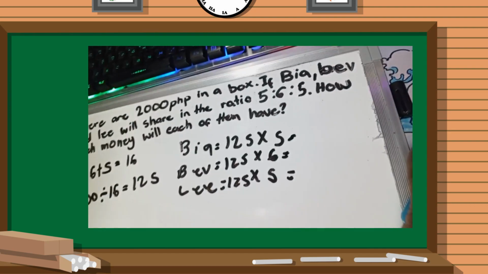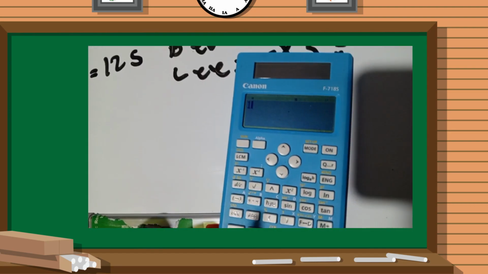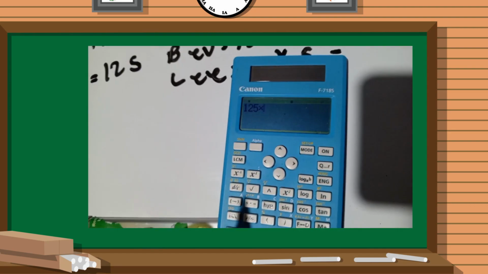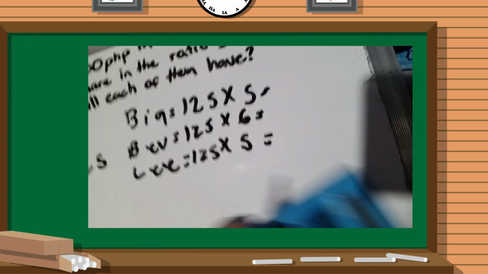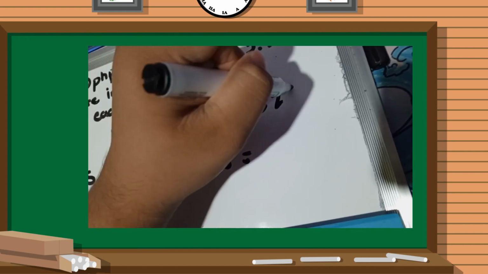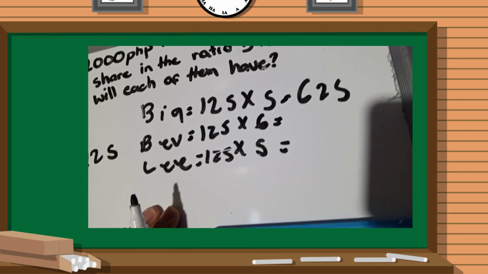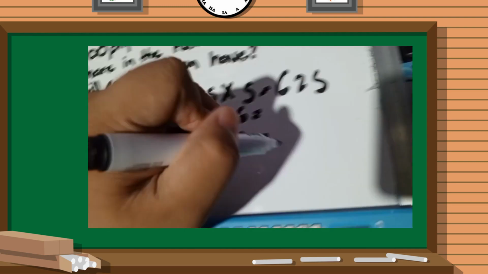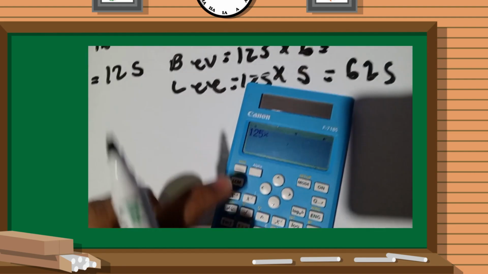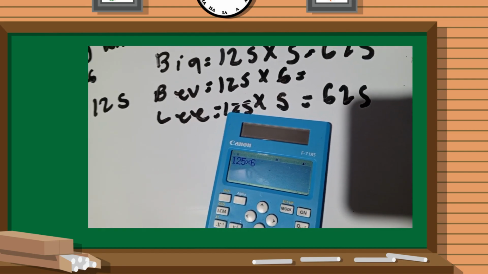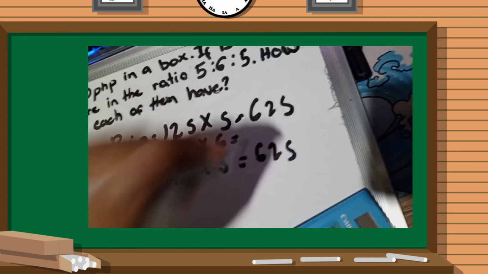The answer should be, let's check, 125 multiplied by 5 is equals to 625. So since Lee is getting the same number of ratio, it's still gonna be 625. So per Bev, we will be using 125 multiplied by 6 is equals to 750.